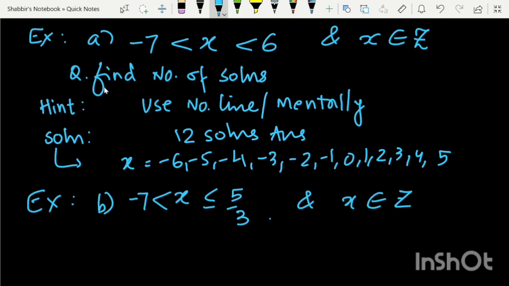Find the number of solutions when x is -7 to 5 by 3. Again, the same way we will do it; that would be the hint.